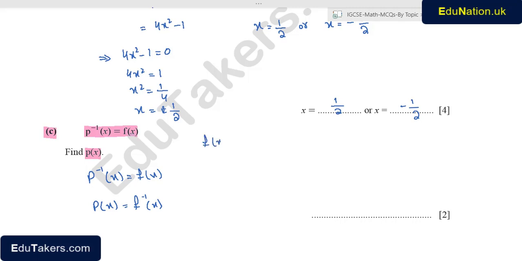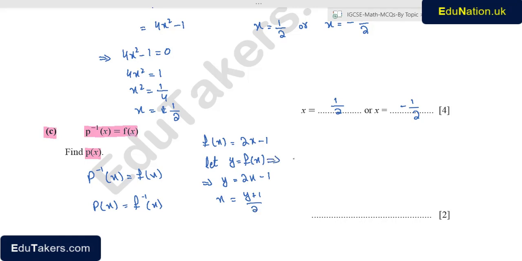f of x is equal to 2x minus 1, and let y is equal to f of x. This implies y is equal to 2x minus 1. From this, x is equal to (y plus 1) over 2.